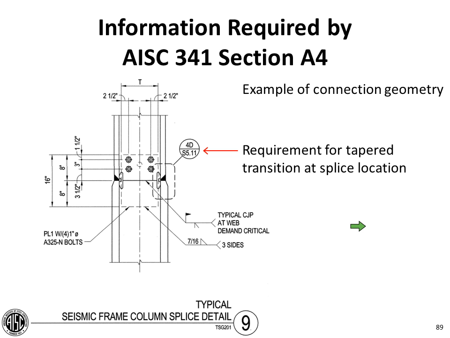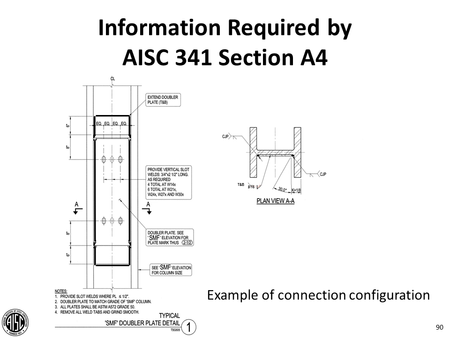And so AISC 341 provides quantitative guidance as to when the taper transitions are required, and AWS D1.8 provides the detail that shows what this taper transition is to look like, although this particular project had a detail that provided the geometry specifically. Here's an example again of another connection configuration focusing on the doubler plate.